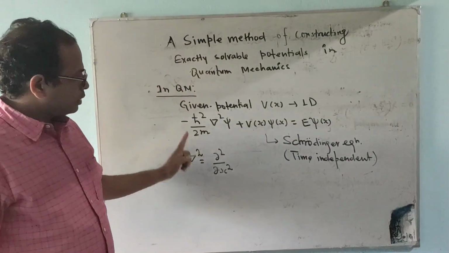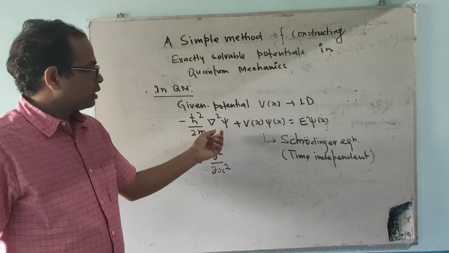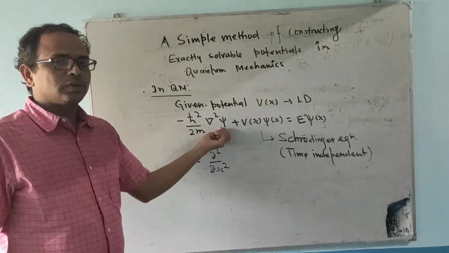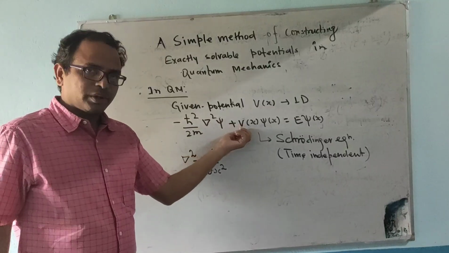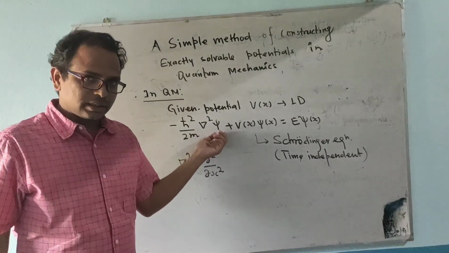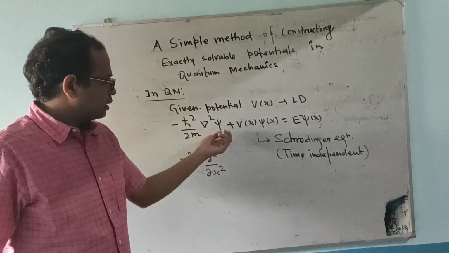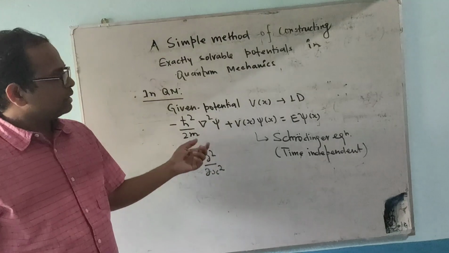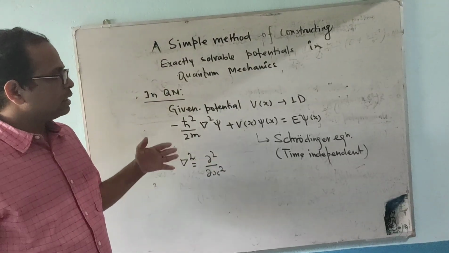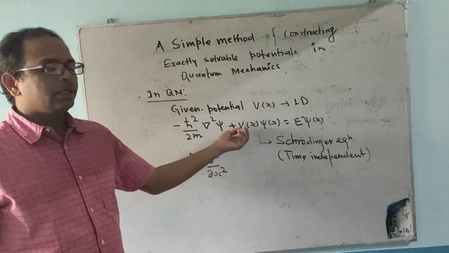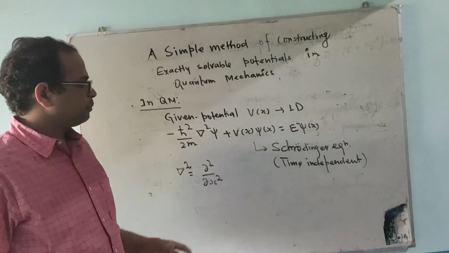To find the solution of this type of potential, we generally use the boundary conditions imposed on the wave function psi, and that boundary condition is related to the nature of the given potential.